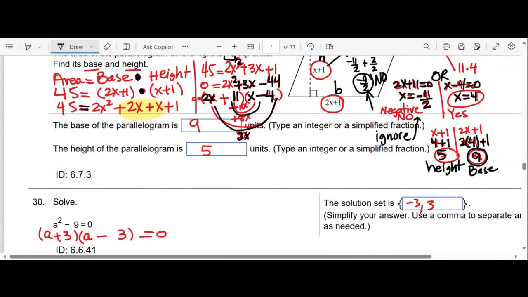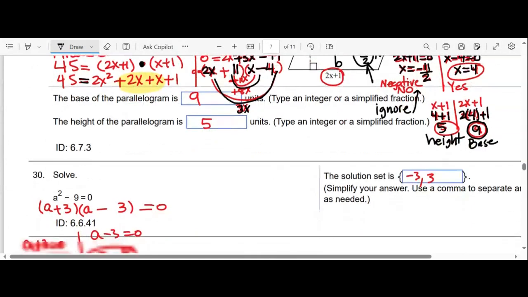Yalla, Turki, read. So a squared minus 9 equals 0. The solution set is 3, negative 3. So you need to factor this, right?